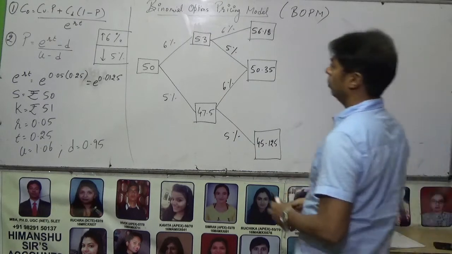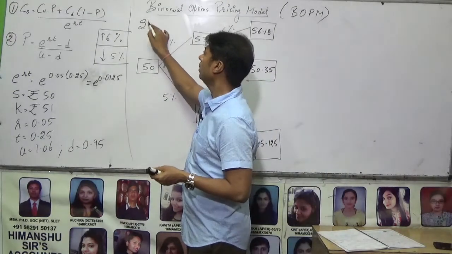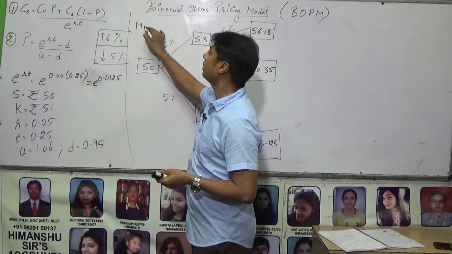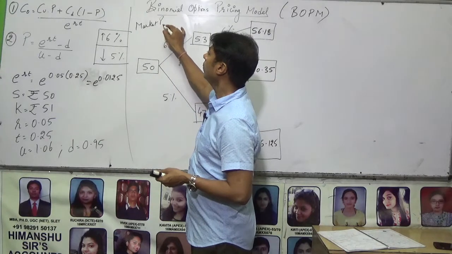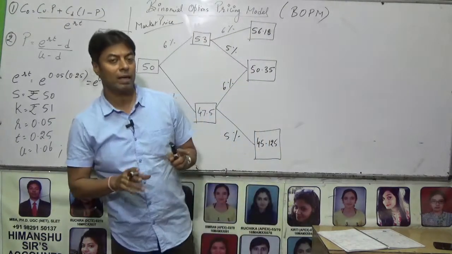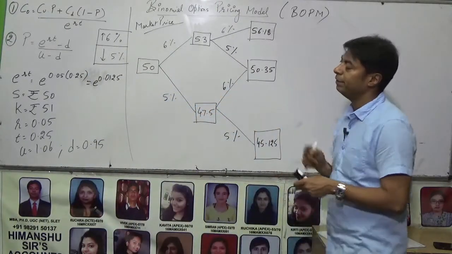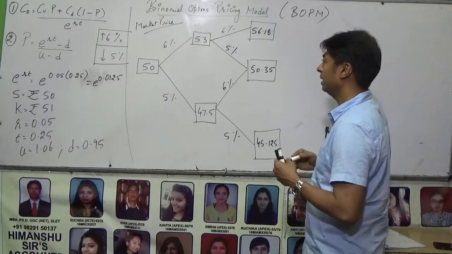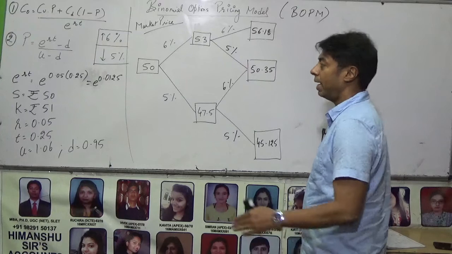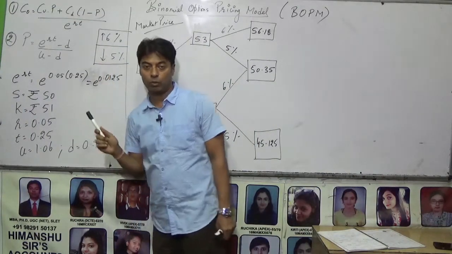Okay, so this is the tree for spot price or market price. You have to construct the market price tree or market price diagram, then only you can construct the tree for call option. So remember, you have to construct the tree for market price, and it has to be constructed with the help of the percentages which are given to us.